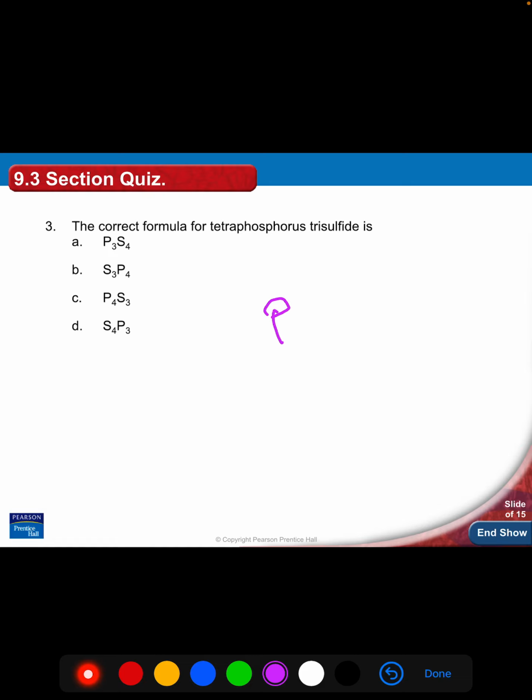So that would be, phosphorus's symbol is P, 4 of those, and sulfide, the -2 charge, but this is not an ionic compound, so this is different. Trisulfide would be 3, so it would be P4S3. And, some of these are reversed. This one's just the reverse, but we're going to write it the way it's named.